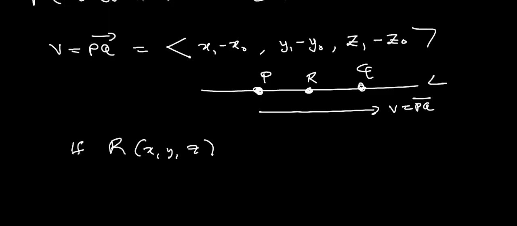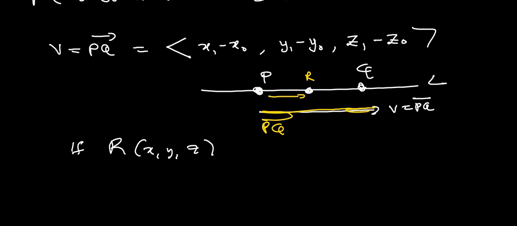It could be within PQ or after it. We really don't mind. As long as there's another point R, PR is also going to be parallel to the vector PQ. Even another line created by a point on the same line will give us the same outcome.